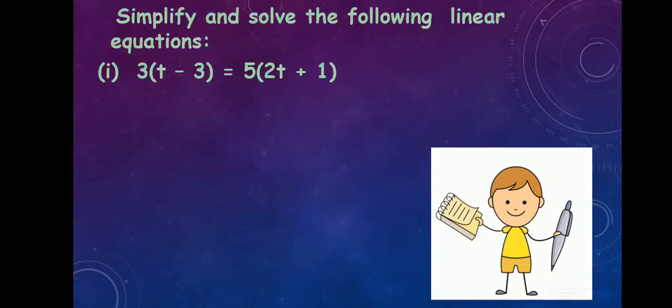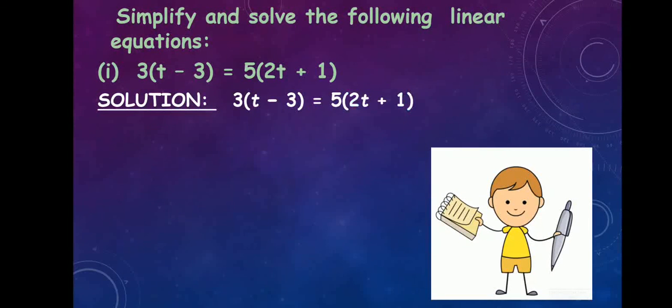It is 3 into t minus 3 equal to 5 into 2t plus 1. I'll be applying the distributive property on the left hand side and on the right hand side as well. So for the solution, I'll be multiplying this 3 with the t and this 3 again with the 3. Equal distribution.